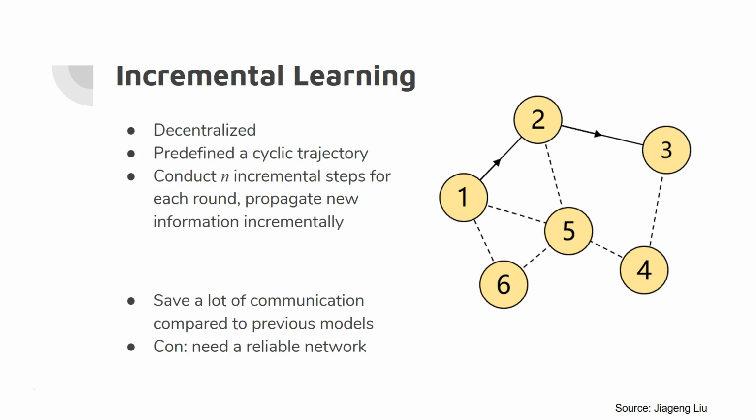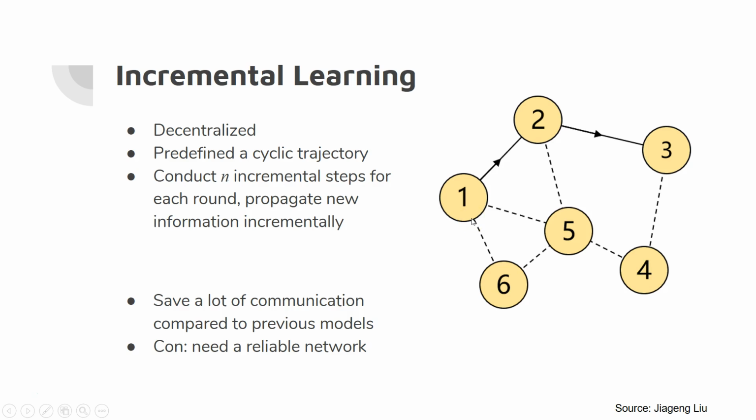Thirdly, I want to introduce incremental learning. In this case, it's still a decentralized model like diffusion learning. However, instead of an arbitrary network topology, we predefine a cyclic trajectory, for example, from 1 through 6 in this case. After node 1 updates its own model, it pushes its update onto node 2. Node 2 then transfers the update to node 3, and so on, so that all the nodes in the network in one iteration receive the updates that use the data collected by node 1.